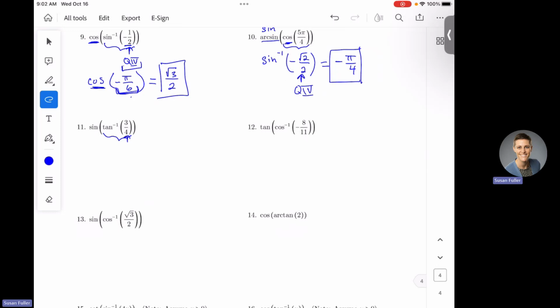Because it's a positive ratio, arctangent is going to take us to quadrant 1. And so I'm looking for the angle in quadrant 1 that has a tangent value, y over x on my unit circle, of 3/4. Which angle in quadrant 1 has a y over x of 3/4?